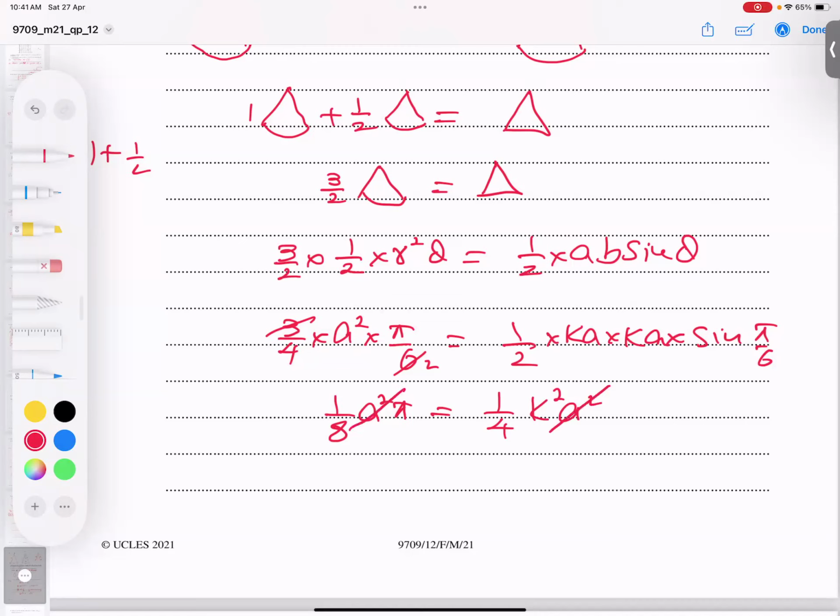And after this, if you look carefully, this 4 will multiply there, and we get 4 pi, or we can say this half pi. Half pi equals k square, and you take a root of half pi. So student, it is coming half pi.